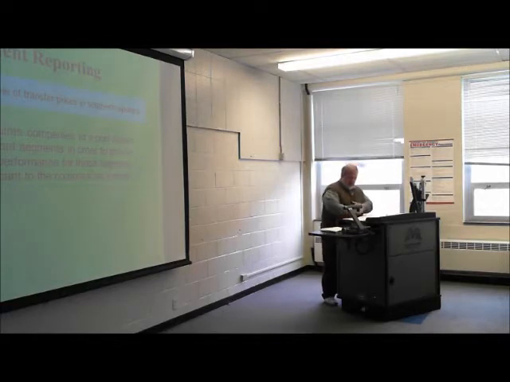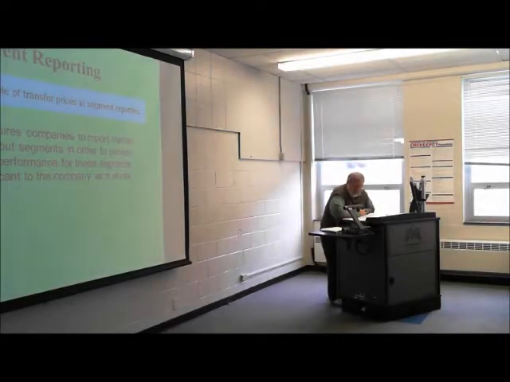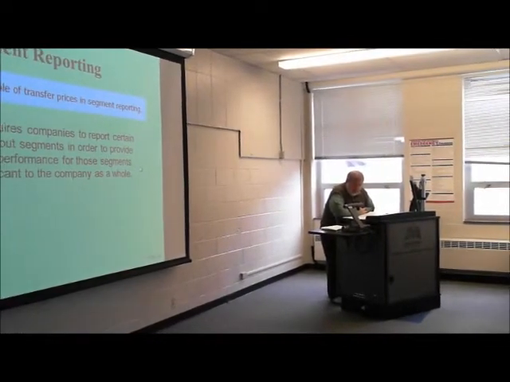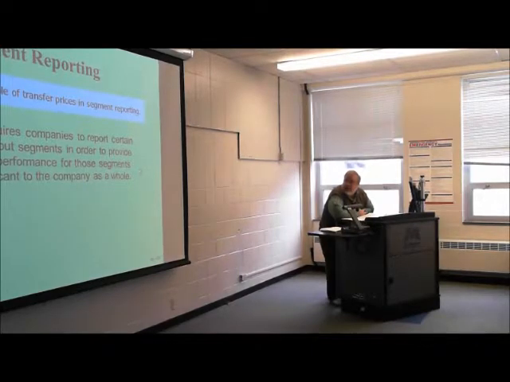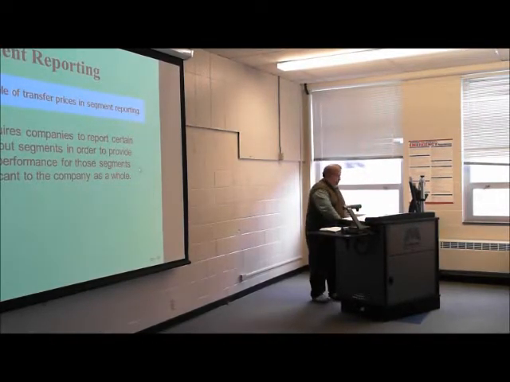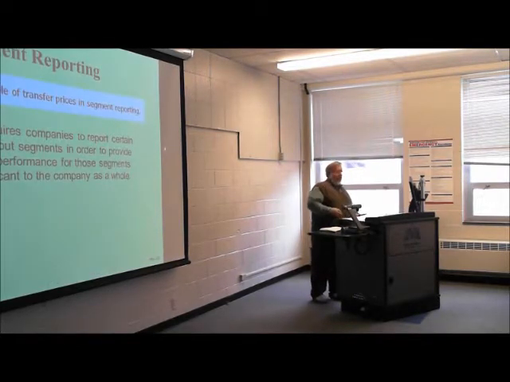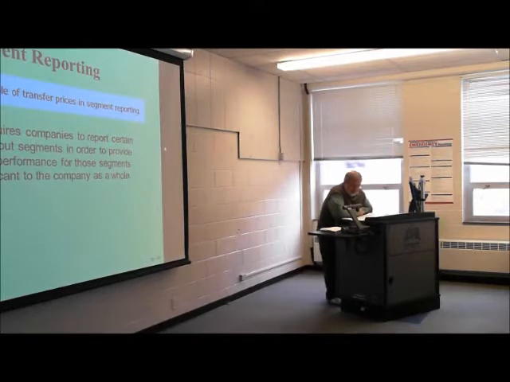Now, as it says there, FASB requires companies in different lines of business to give certain information. Again, it's FASB number 131 if you're interested, Disclosures about Segments of an Enterprise and Related Information.